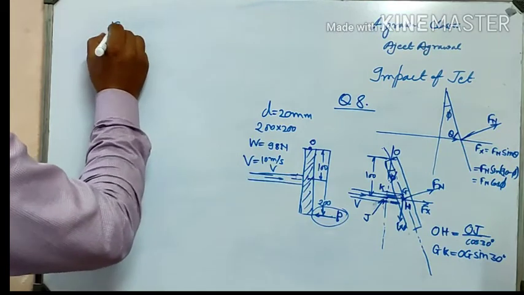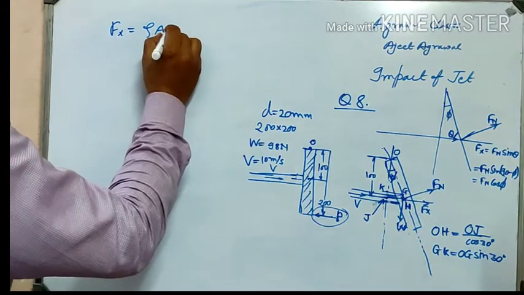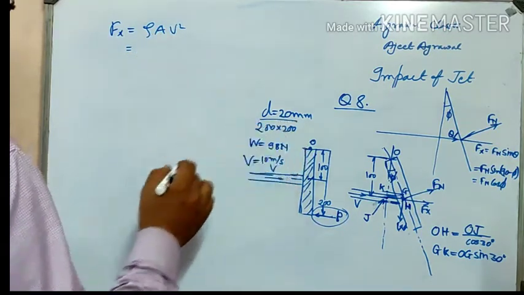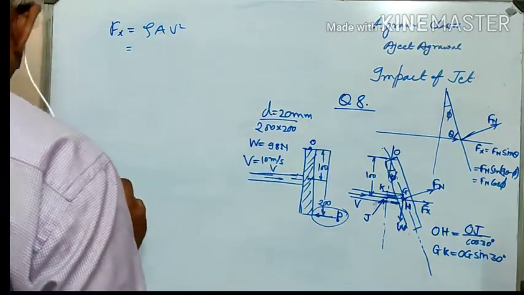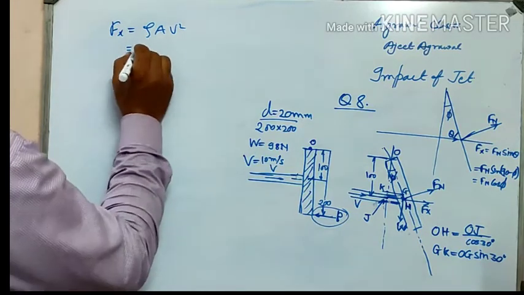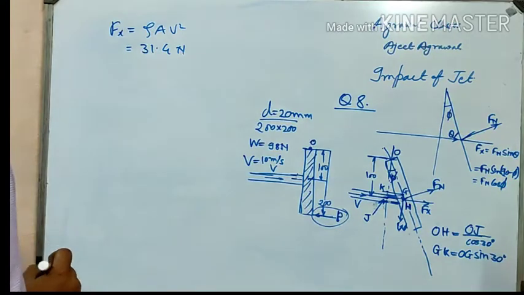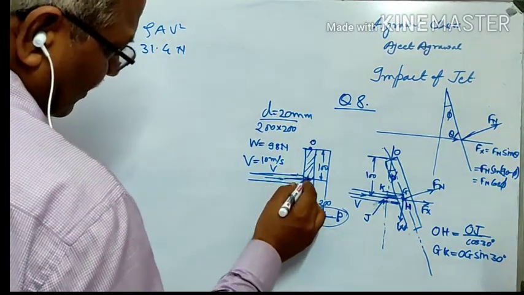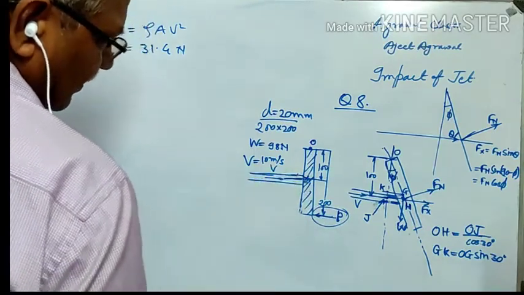So force Fx will be equal to rho a v square, with rho 1000, area pi by 4 d square, multiplied by velocity 10 meter per second squared. The force comes out to be 31.4 Newton, and this force is acting at the CG of the plate, because the jet is striking at the center of the plate.